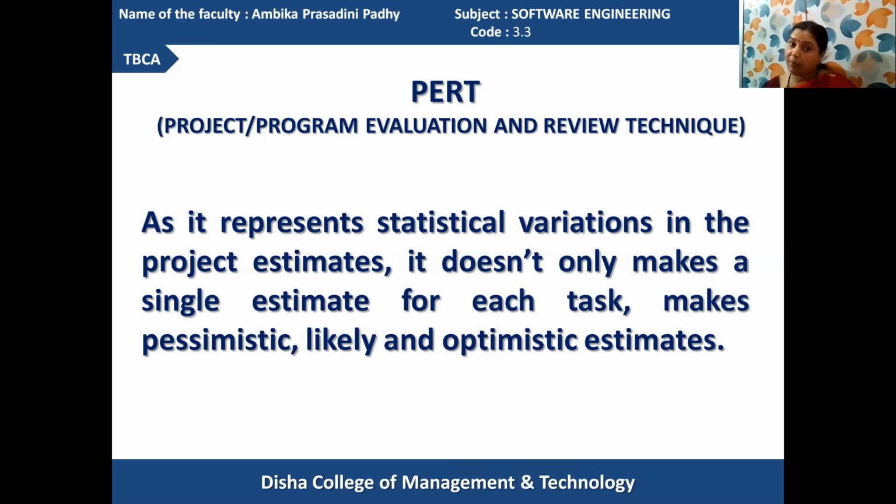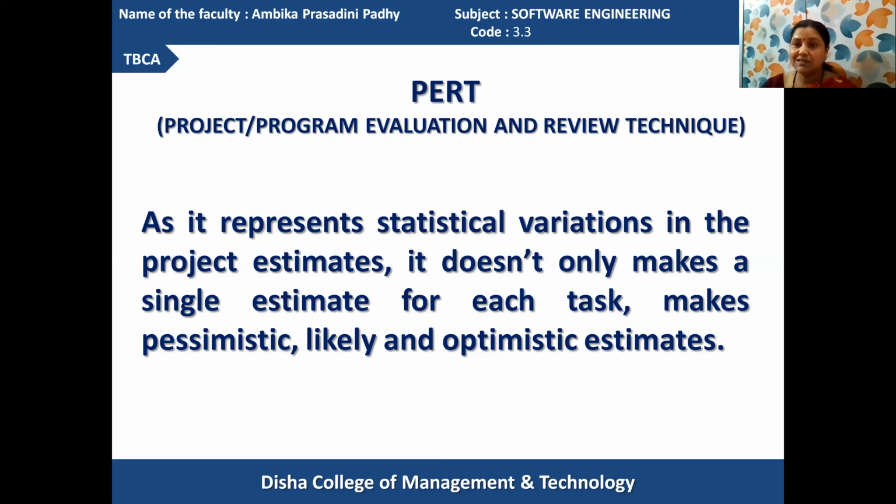The time requirement specified as likely is the more approximated value that is going to be used: the more approximated days that are going to be required, and the more approximated set of resources that are going to be allocated. Likely is that, and optimistic means how much before time the job can be completed.